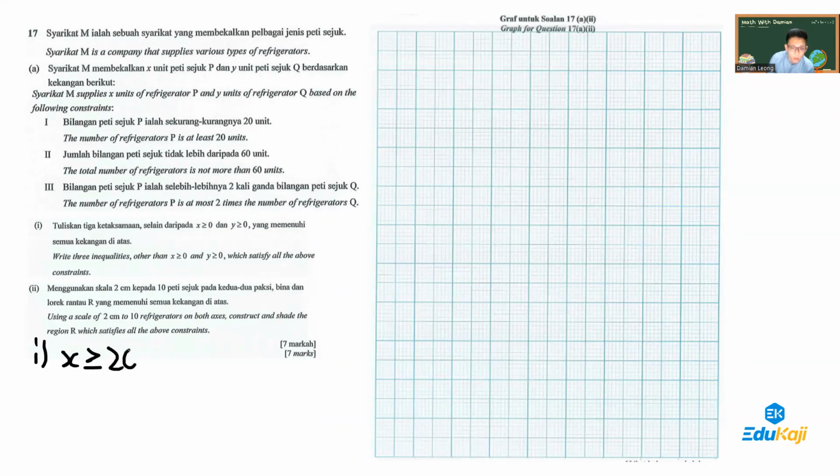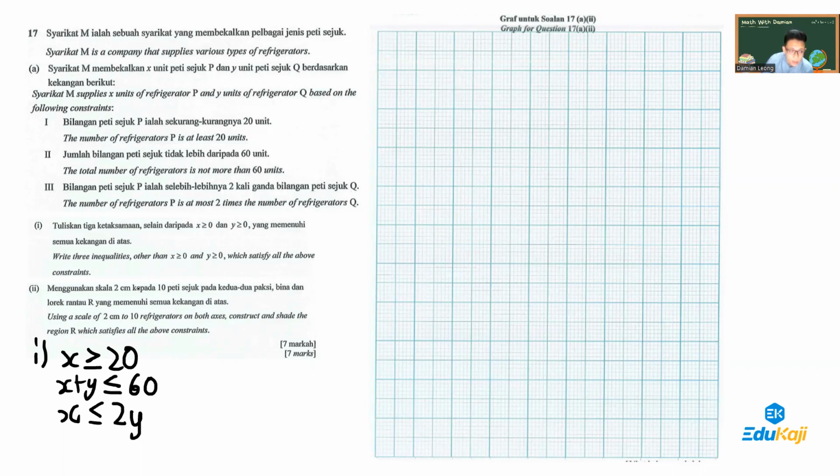At least means more than or equal. The total number of refrigerators means X plus Y. Not more means less than or equal to 60. Then the number of refrigerator P, the X, is at most 2 times the number of refrigerator Q, meaning 2Y. These are the three inequalities.